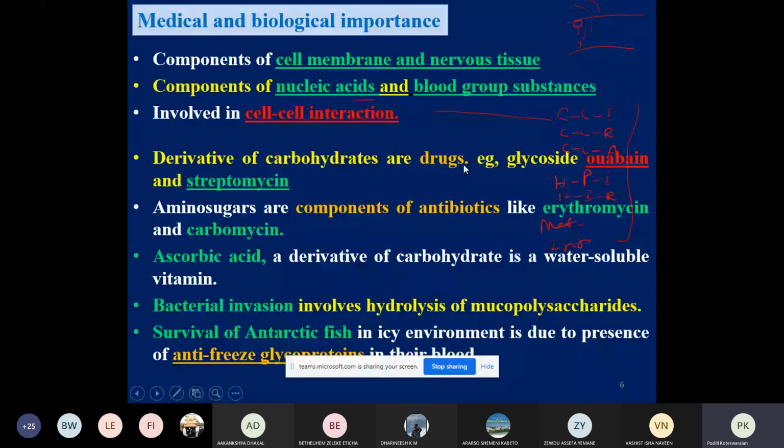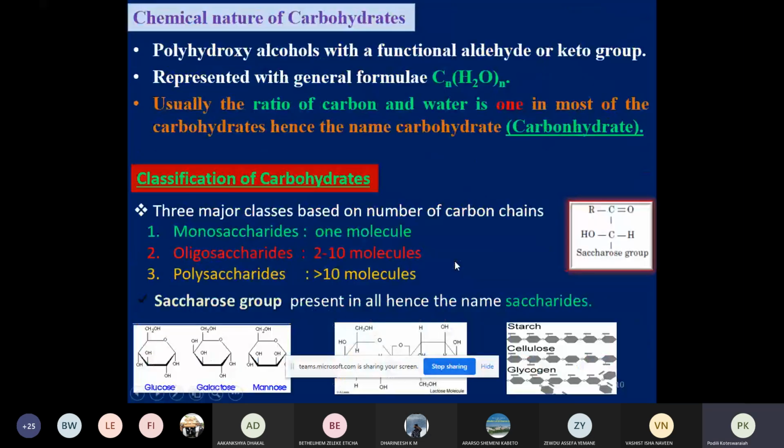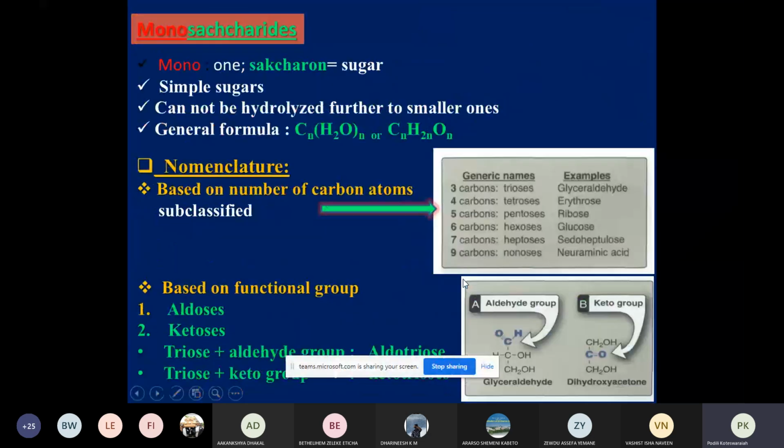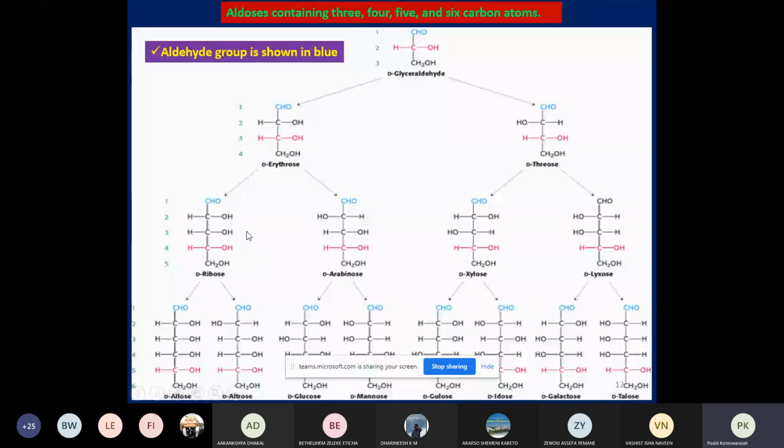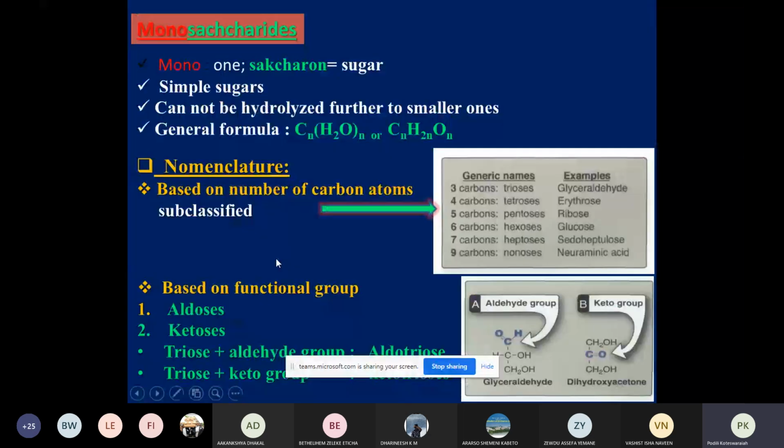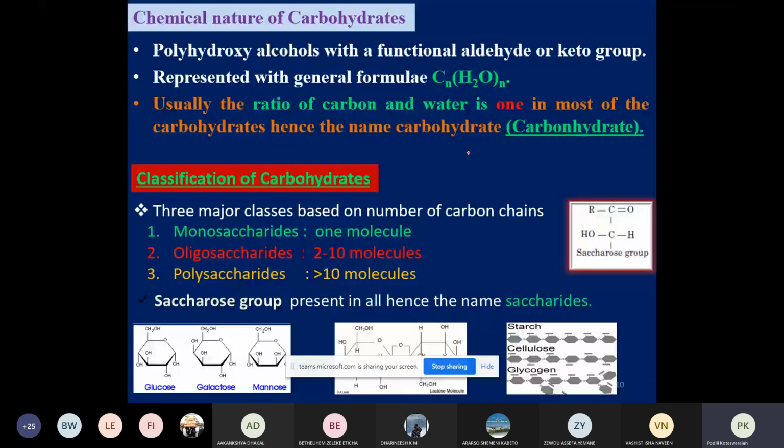And coming to the chemical nature, these carbohydrates are polyhydroxy alcohols, because when you look at the structure of any sugar, we can understand that they are polyhydroxy alcohols. They have multiple hydroxyl groups with either aldehyde or keto functional groups.